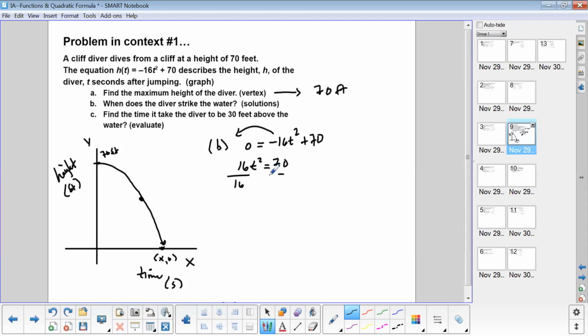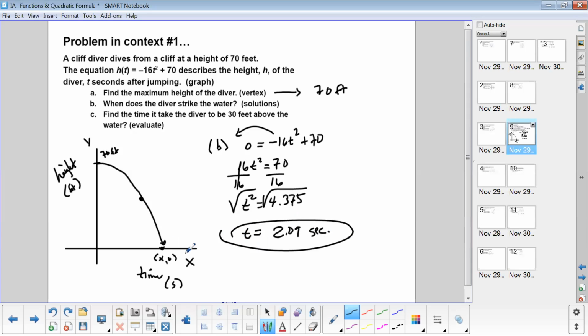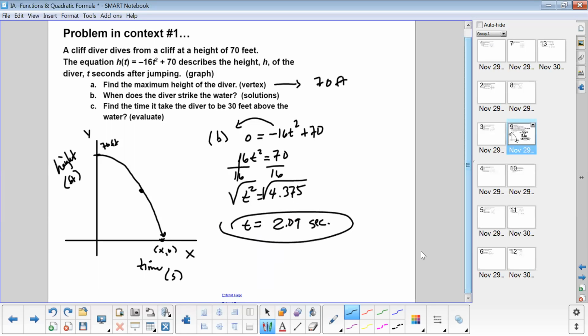I'm going to divide both sides by 16, and when you divide 70 by 16, you get t squared is equal to 4.375. Well, I want t, not t squared, so I have to take the inverse of squaring, which is the square root. I take the square root of that answer, and I get about 2.09 seconds. So just a little over 2 seconds is when that diver would hit the water.